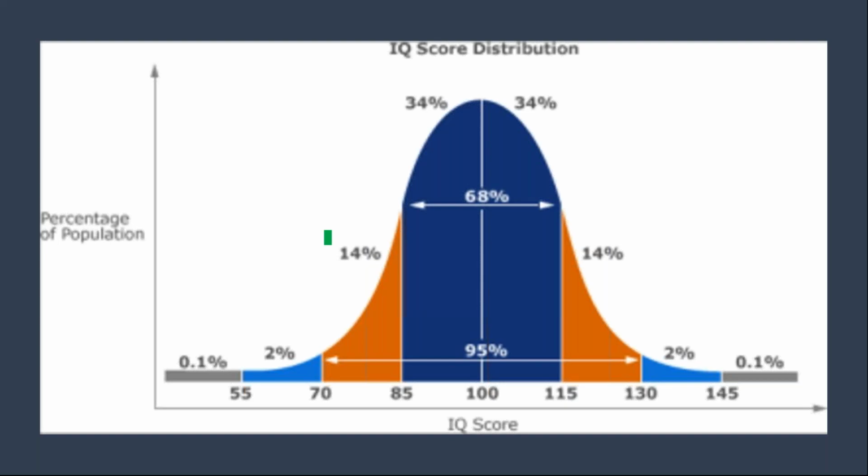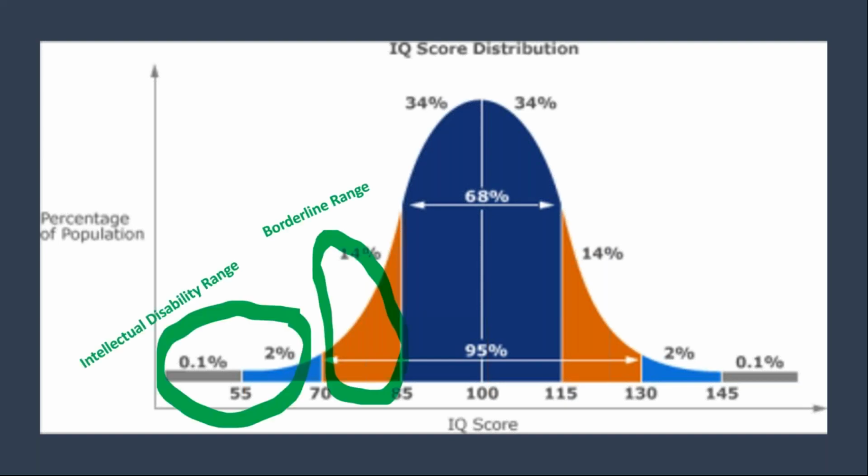So when we talk about intellectual disability, we often use the cutoff of 70 or below for an IQ score, because that falls within that less than 2% lower end of the population.